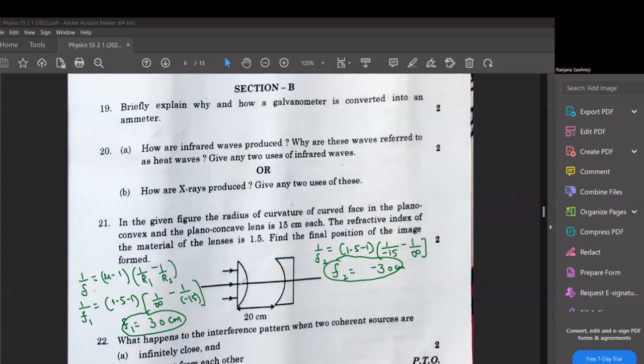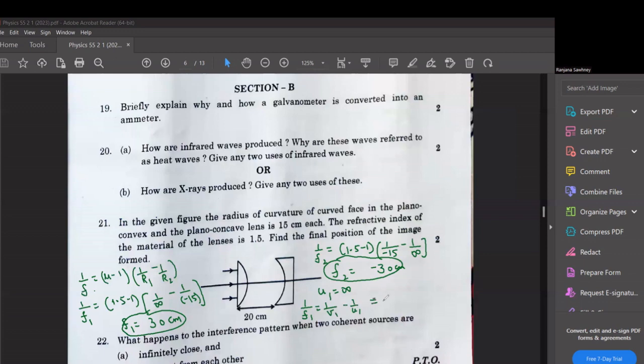First, the image formed by this plano-convex lens. For this, the object is at infinity. So u1 is infinity, because the rays are parallel, and the focal length is plus 30. Using the lens formula, 1 upon f1 is equal to 1 upon v1 minus 1 upon u1.